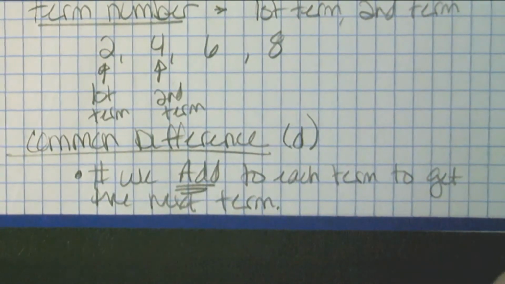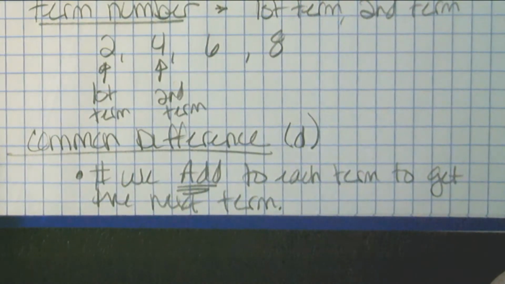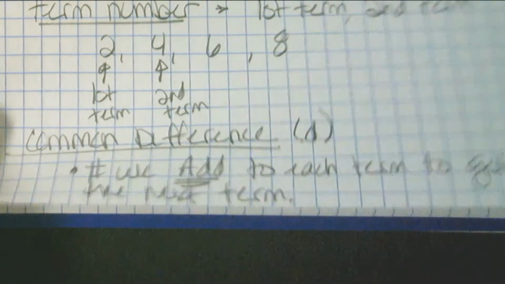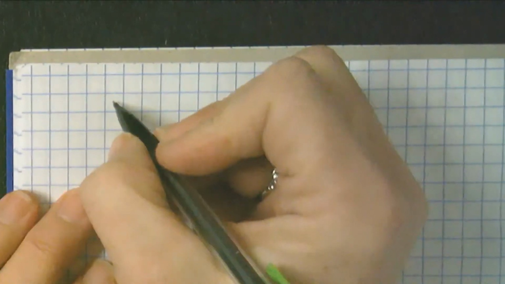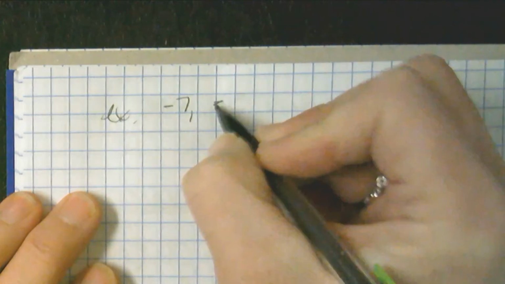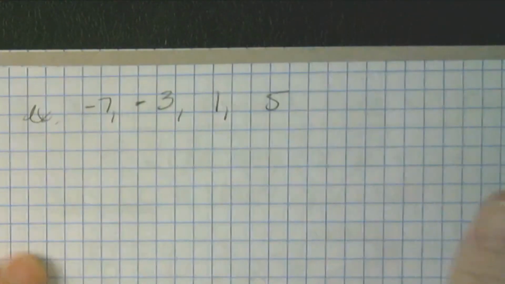Okay. So what I want to do is, there's a formula, and I want you to understand the formula and how we come up with this formula. All right? So I'm going to use the arithmetic sequence that we had there at the top to help us come up with this formula, and then we're going to use the formula. All right, so let's take a look at this sequence. So let's use our example. I have -7, -3, 1, and 5. All right.